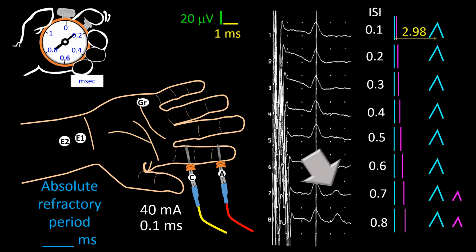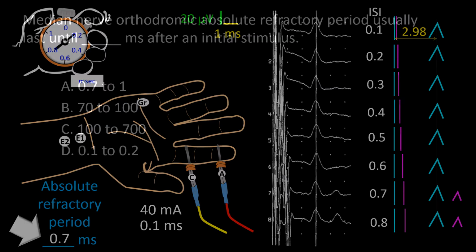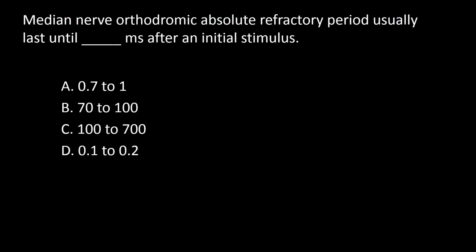Thus, the absolute refractory period ended with the appearance of the first potential produced by the second stimulus, which corresponded to 0.7 milliseconds after the wave produced by the first stimulus. So the answer to this question is A.